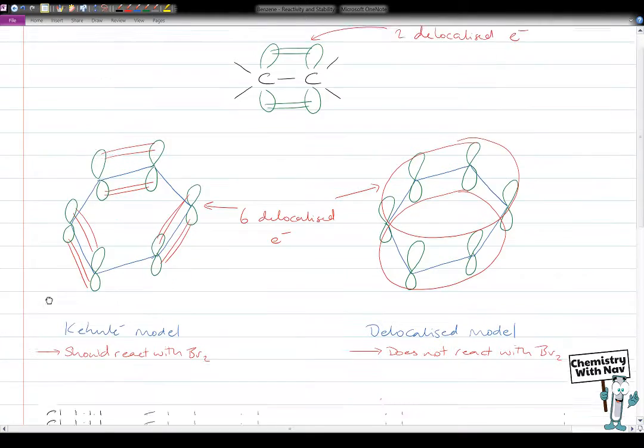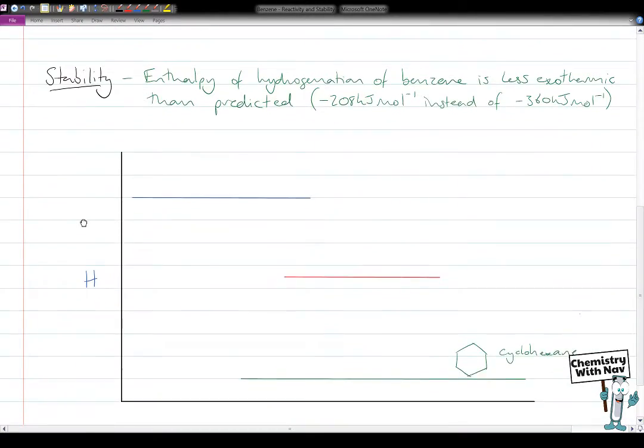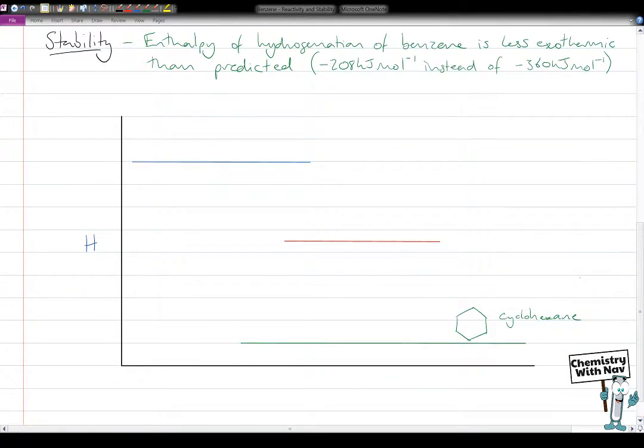This also leads on to the idea of stability, and we look at stability in benzene to do with the enthalpy of hydrogenation. Now, the product of the hydrogenation of benzene, whether it's the Kekule structure or the delocalized structure, is always going to be cyclohexane, because we're starting with C6H6, we're adding hydrogen, we're going to end up with C6H12.